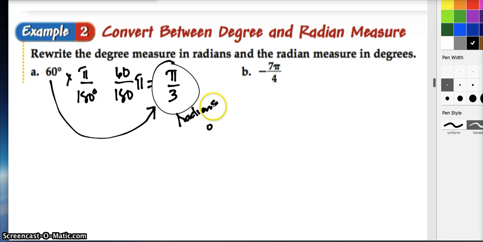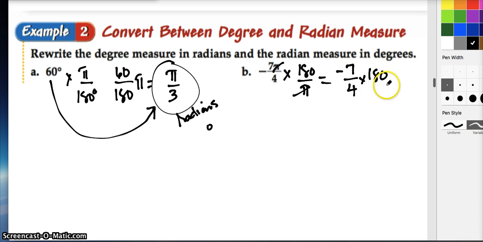Let's go ahead and change this radian measure to degrees. So remember, we could either use 180 over pi or pi over 180. This is a case where we're going to use 180 over pi because we want to get rid of the radian terms, and this is in radians and so is this, and we want to be left with degrees. So I'm going to cancel out my pi values. I get negative 7 over 4 times 180.